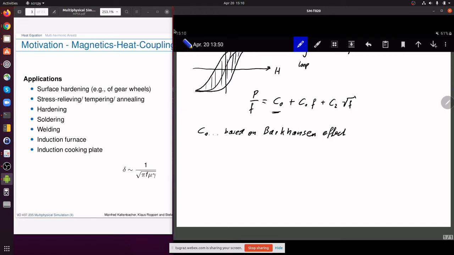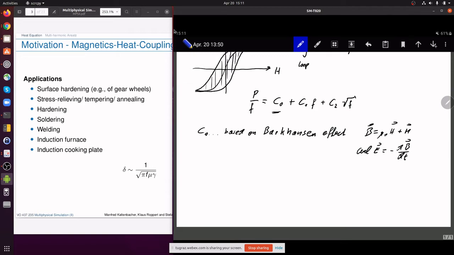And the Barkhausen effect means that there are jumps of domain wall segments, so a jumping magnetization of very small parts of the domain, and they induce eddy currents, because you have B equals mu0 H plus magnetization, and if this magnetization M is jumping, you have some time derivatives, and curl E by Faraday is minus dB over dt.